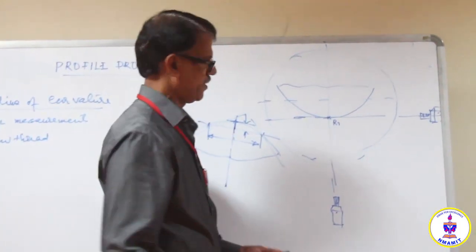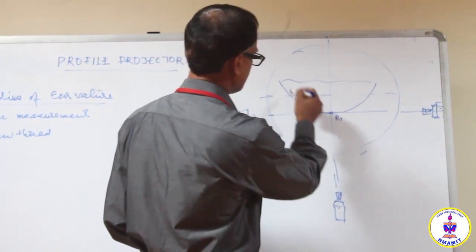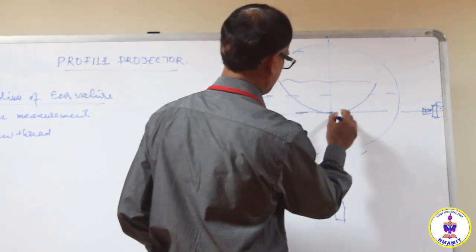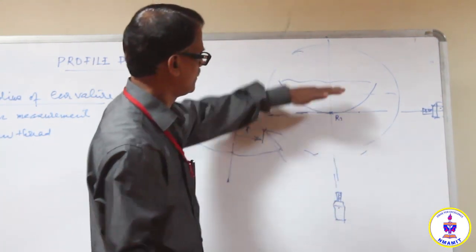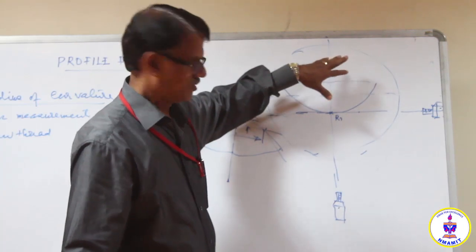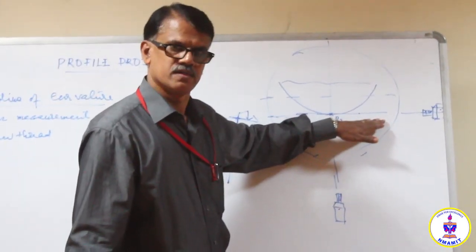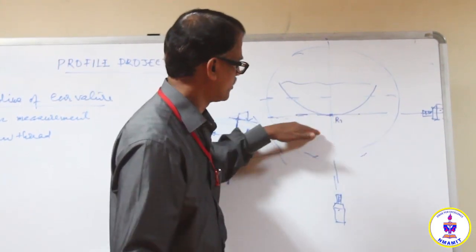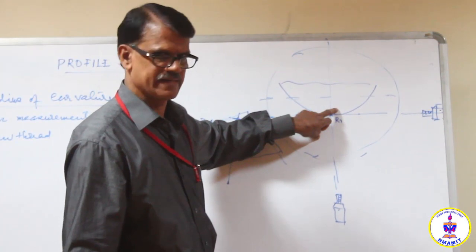can be measured. Now in order to get the radius of curvature here, after obtaining a sharp image of the object, you make one crosswire, the horizontal crosswire, exactly horizontal and tangential to the shadow here by trial and error.